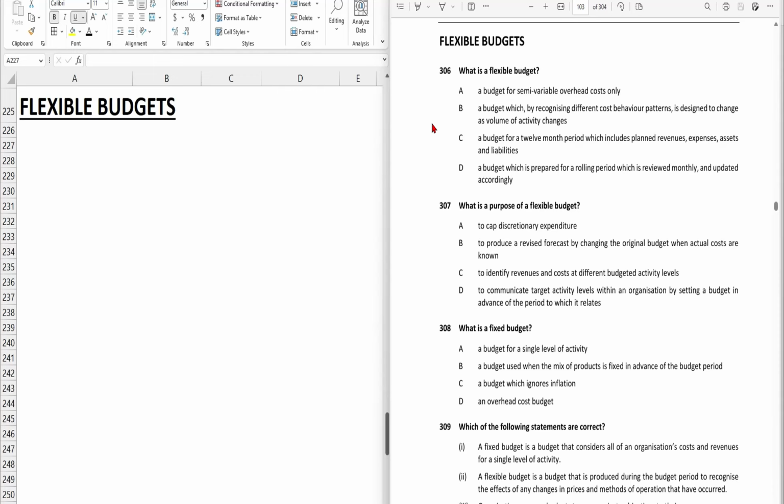Option B, a budget which, by recognizing different cost behavior patterns, is designed to change as the volume of activity level changes. Activity changes, yes.